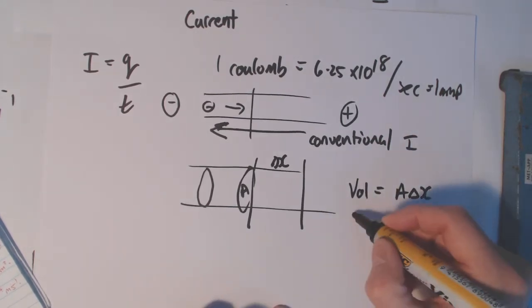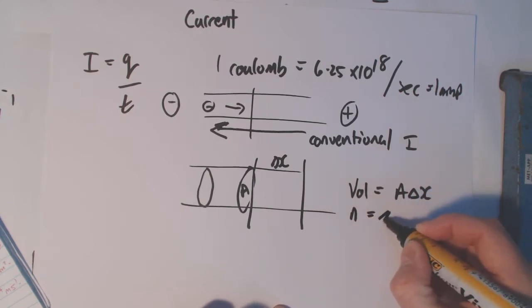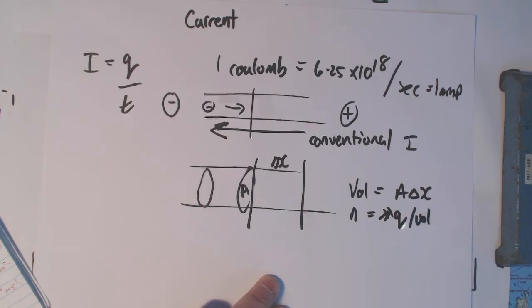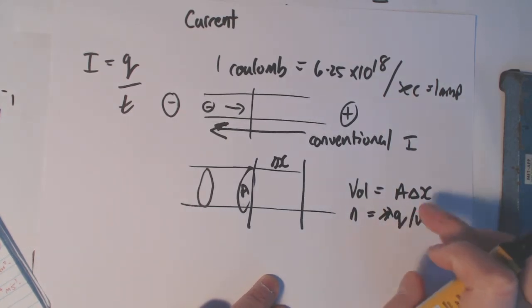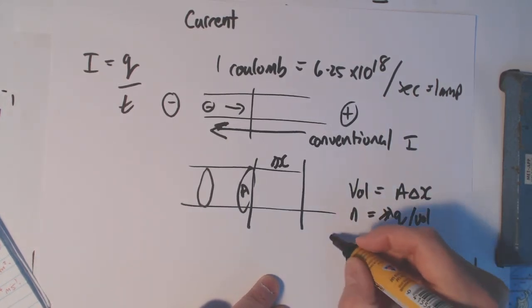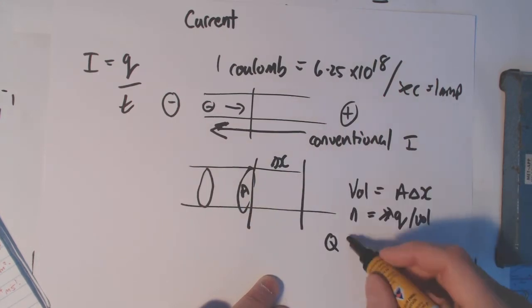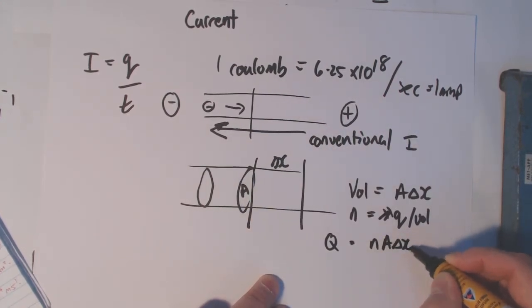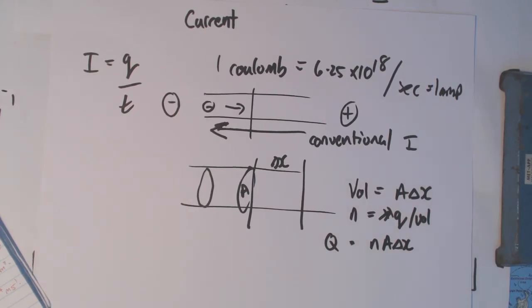Now if I have a number, I'll call it n, and it's the number of charges per volume, then if I times that by the volume, then I've got the total Q. So the total charge in that little area there is equal to n A delta x, right? Now delta x, or distance, is equal to velocity times time.